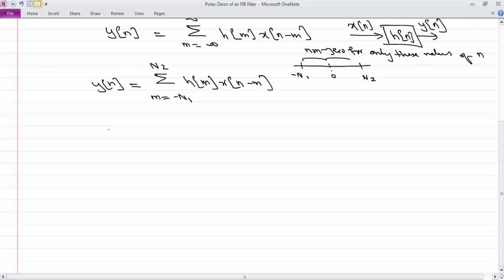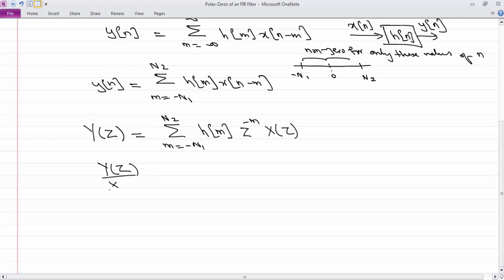We know the trick. We'll just take the Z transform of the left and the right hand side. So I get Y of Z equals summation m from minus N1 to N2, h of m, Z to the minus m, X of Z. And then I take the X of Z to the other side, so I get Y of Z over X of Z. That is simply H of Z, the Z transform of the impulse response.